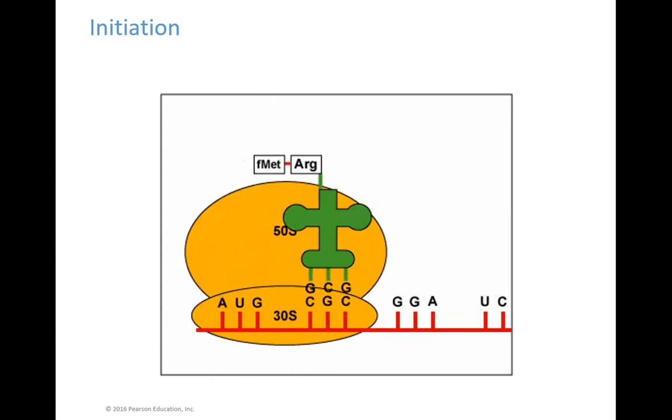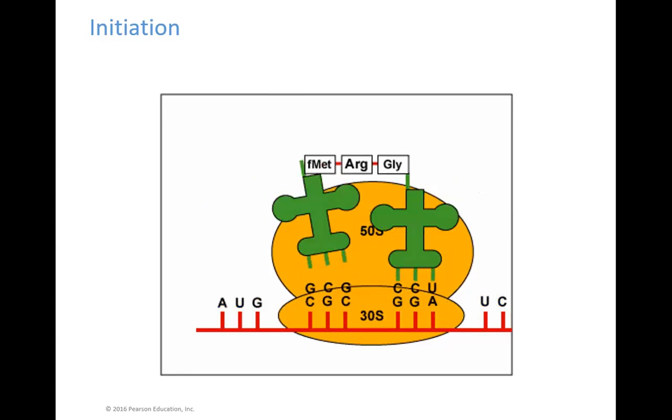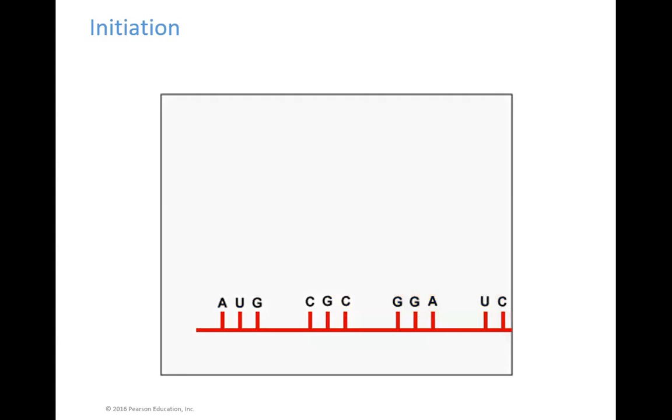The anticodon on the transfer RNA will always bind with the correct codon specifying for the amino acid. And so we will build our chain, peptide bond by peptide bond with each amino acid until we hit a stop codon.